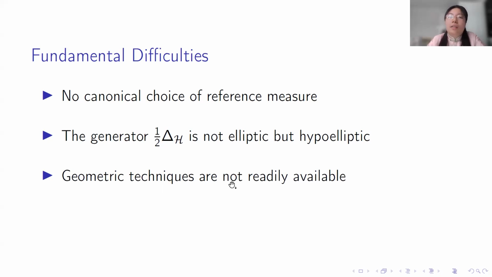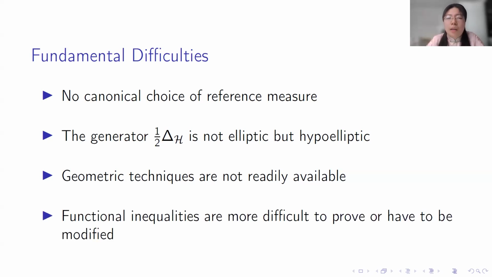Third, geometric techniques are not readily available. So as Marsha mentioned, here in the Riemannian case, usually you use the Bakry-Emery estimate, that is the gamma 2 lower bound. But in our setting, the sub-Riemannian manifold, only the generalized curvature dimension inequality is available, but it only works for a class of manifolds, say step 2.